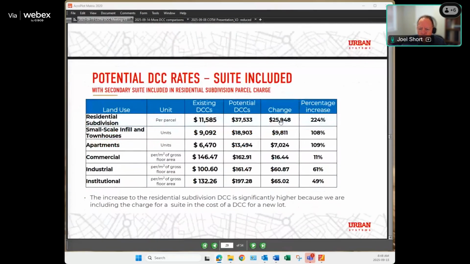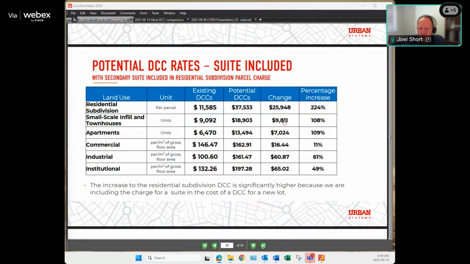In terms of how that compares to your current rates, and once again, this is with the secondary suite included in the residential subdivision parcel charge, we have the residential subdivision going from 11,500 to about 37,500, an increase of about 25,000 or 224%. So a very significant increase, no question about it.